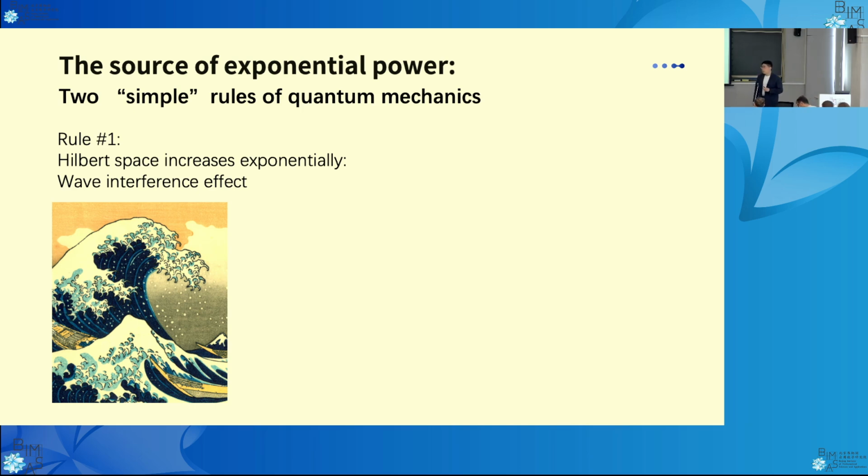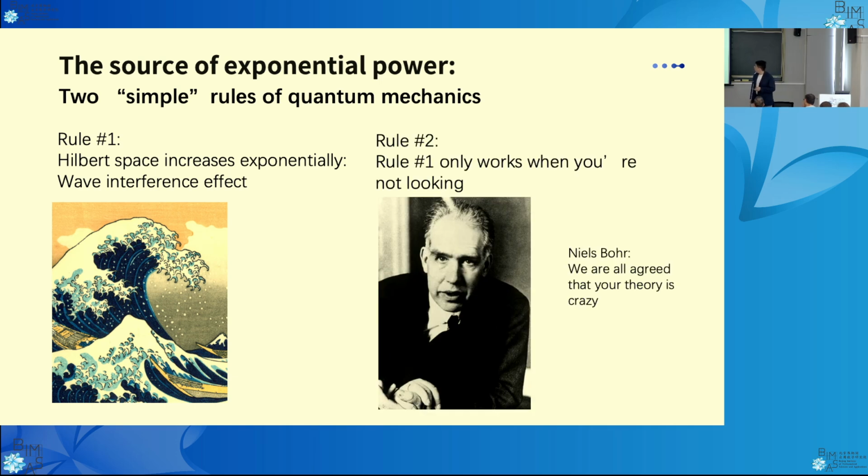Rule number one says quantum mechanics, in principle, has this exponential space, because the Hilbert space has wave interference effects. It's because we have to use complex probabilities to describe this quantum behavior. And rule number two says rule number one only works when you're not looking. So this is the quantum measurement conundrum that was debated even to a philosophical level for many, many years.